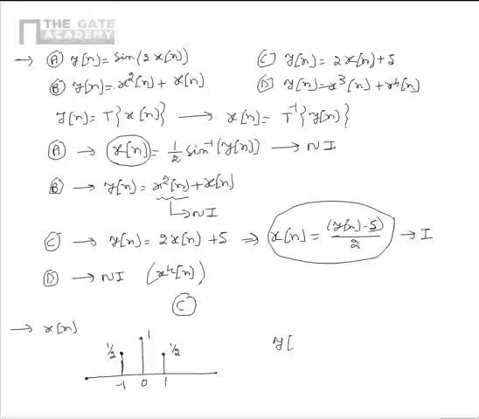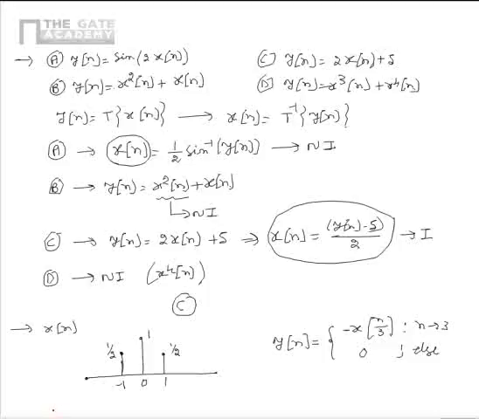It is given that there is a derived version of x of n, given as y of n is equal to minus x of n by 3 if n is a multiple of 3, and 0 otherwise. Now we have to find y of n in terms of x of n.